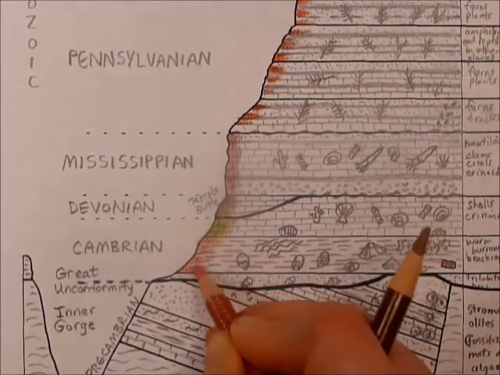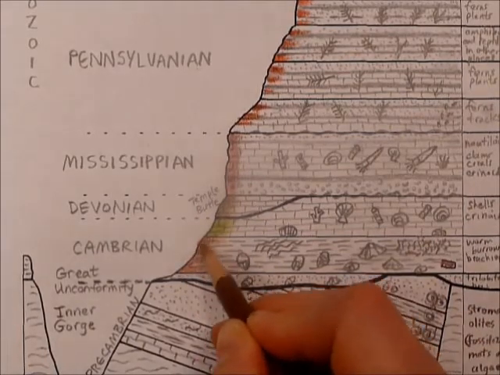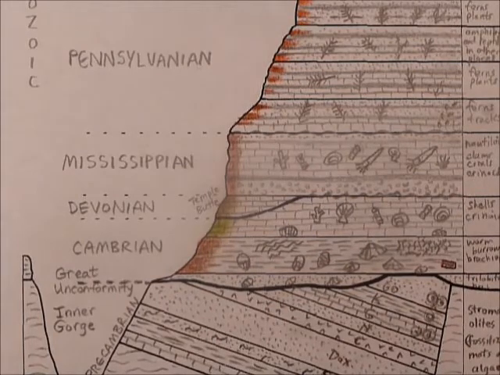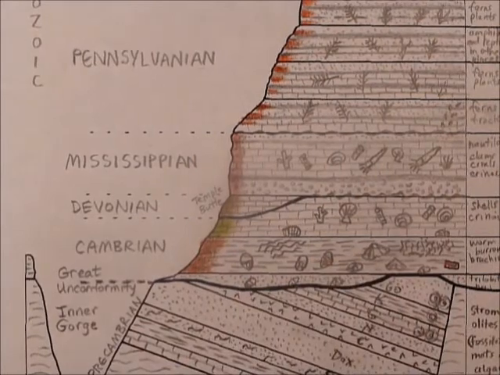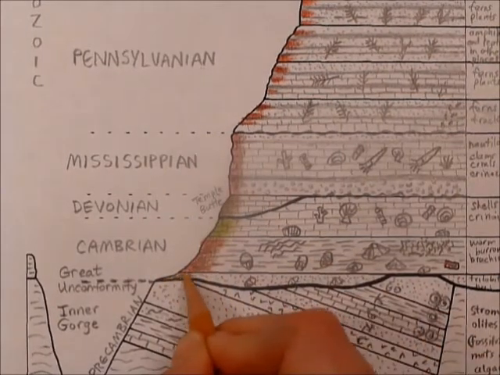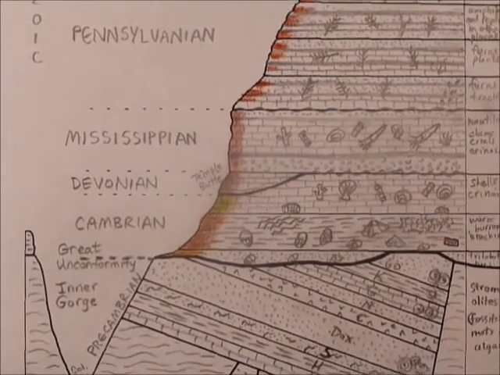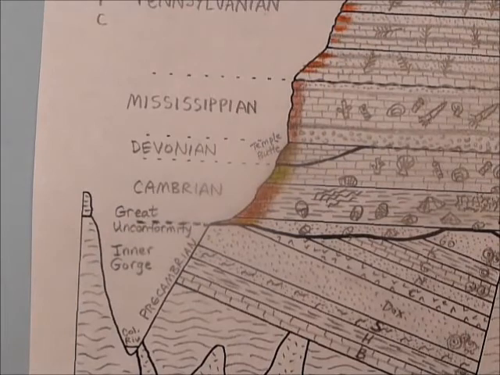But if you don't, you can take a little bit of red and a little bit of brown and kind of mix them together. Sandstone down here, I'll make it kind of tan. And then you can add a color to these along the edge if you want to, or not, it's up to you.